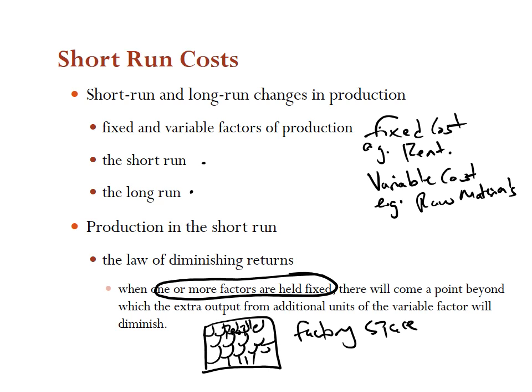Additional output from our variable factors, from the more people that we've hired, is diminishing because we've held one factor constant. So this is the law of diminishing returns, and it usually happens in the short run. Why? Because in the short run, remember, at least one factor is held fixed.